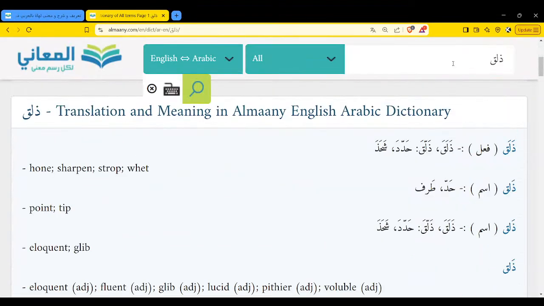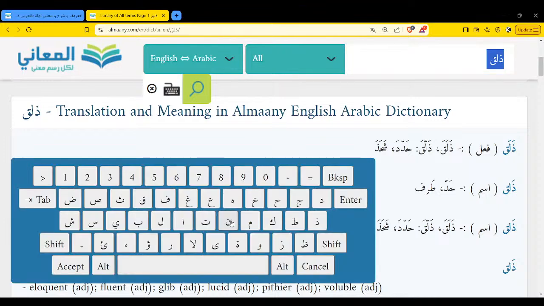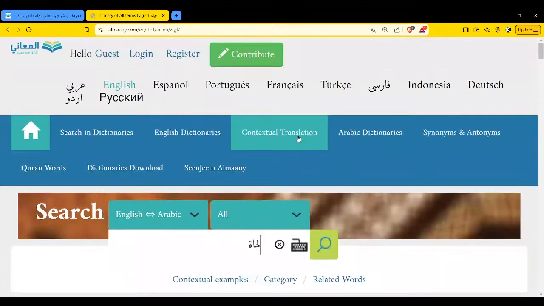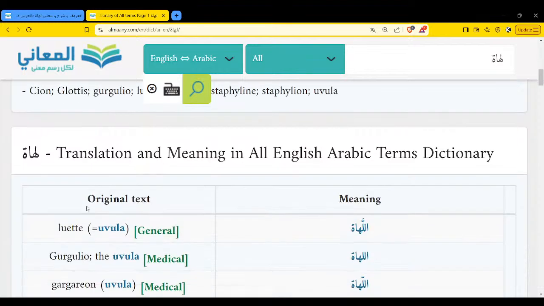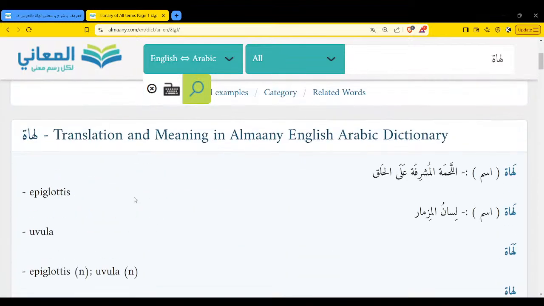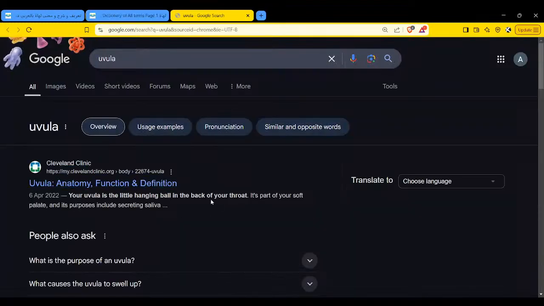See over here, the English translation of lahat: uvula, which is the little hanging ball in the back of your throat.